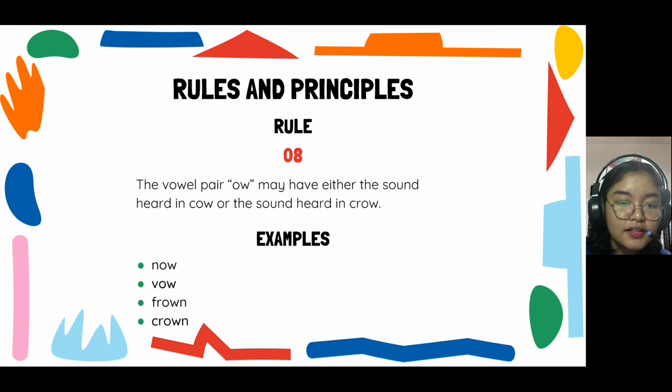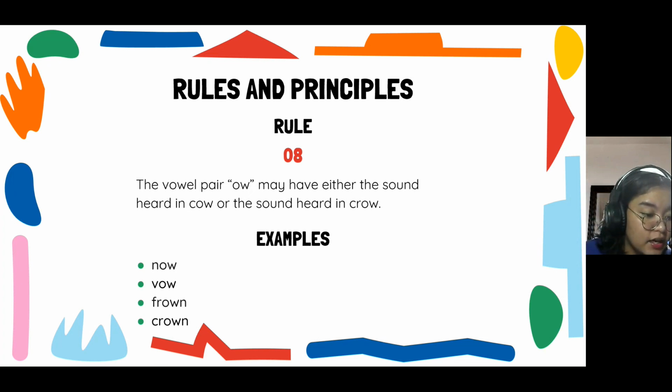So, the words now and vow have sounds near the sound of cow. For the words frown and crown, they have the sound from the word crow, because all the vowels in word pairs with O.